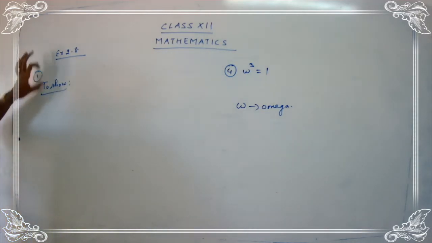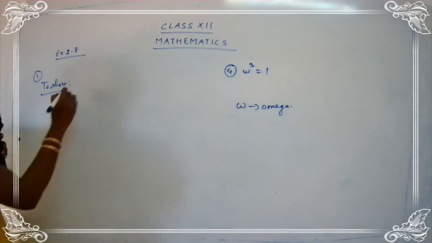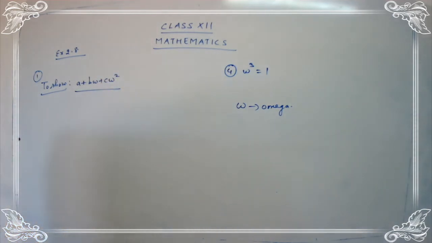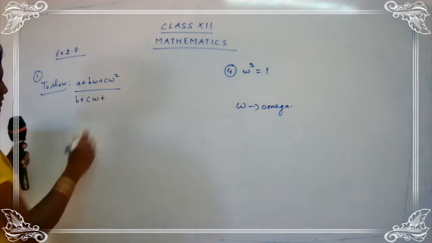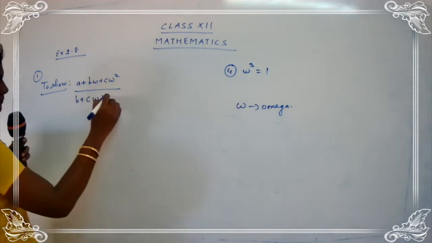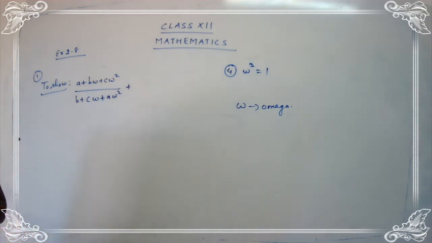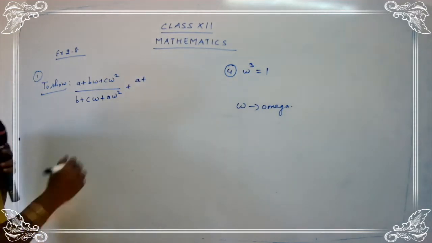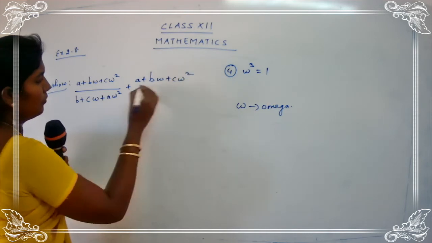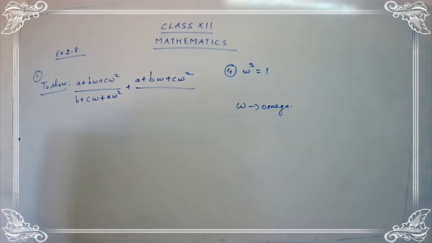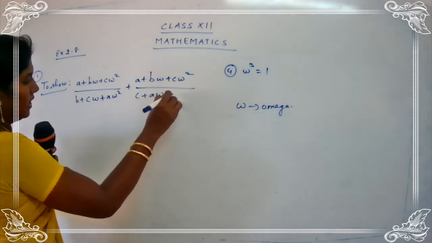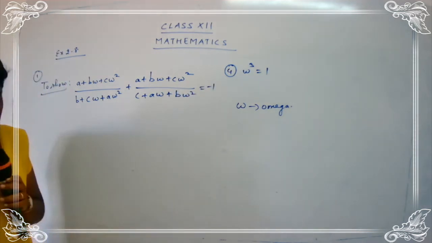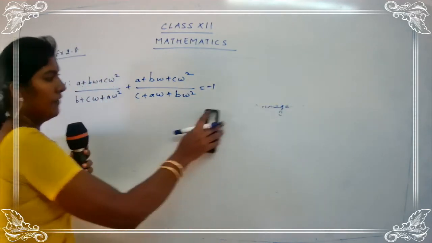After writing the question, you write down: to show. (a plus b omega plus c omega square) upon (b plus c omega plus a omega square) plus (a plus b omega plus c omega square) upon (c plus a omega plus b omega square), and we have to show this is equal to minus 1. Have you taken this to show part, children?